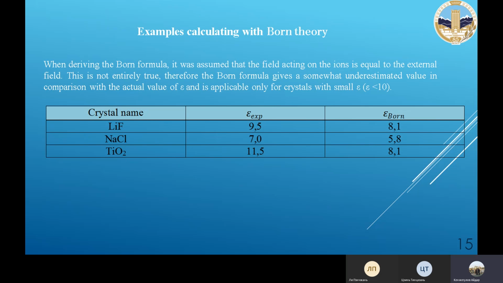Therefore, the Born formula gives a somewhat underestimated value in comparison with the actual value of permittivity and is applicable only for crystals with small permittivity, like sodium chloride, lithium fluoride, and titanium dioxide, for example. Experimentally, it was this value. With Born theory, we have this value. It's near. As you can see, it's near.